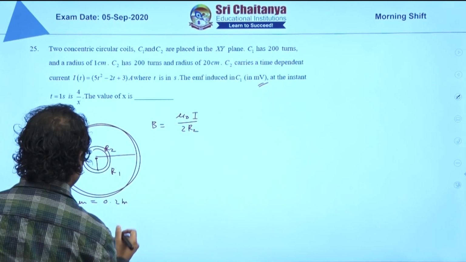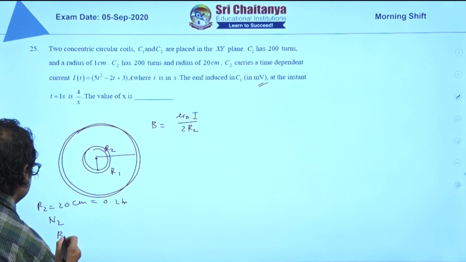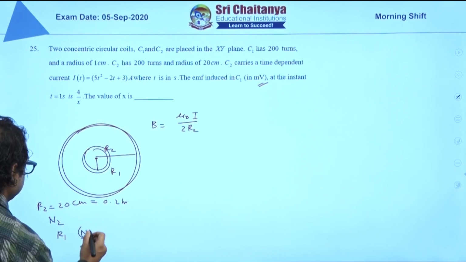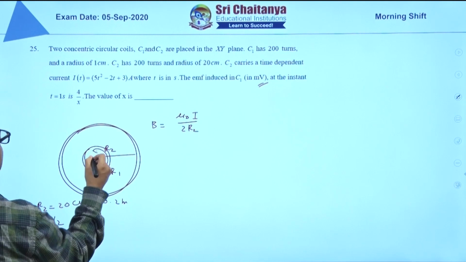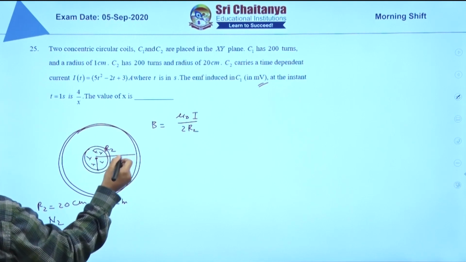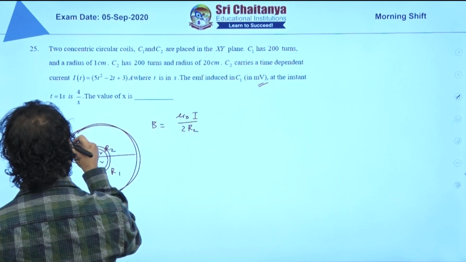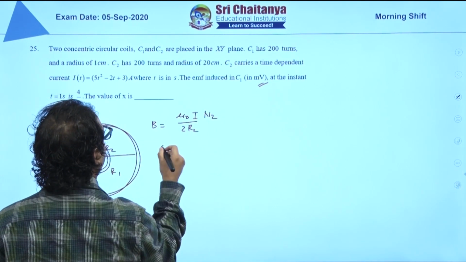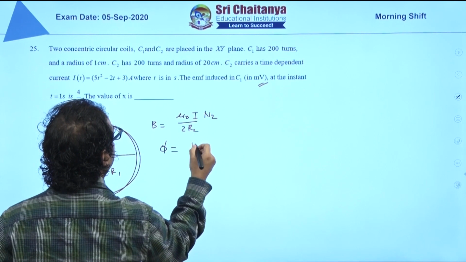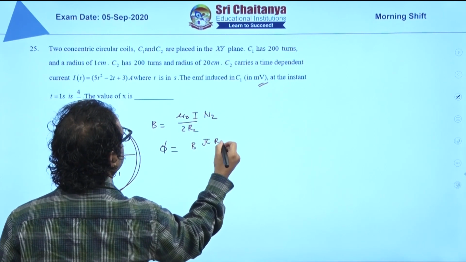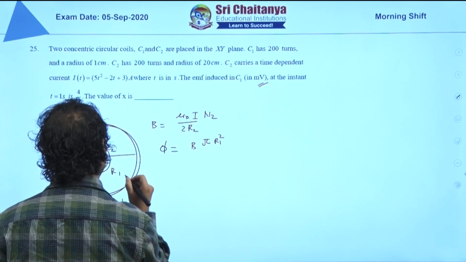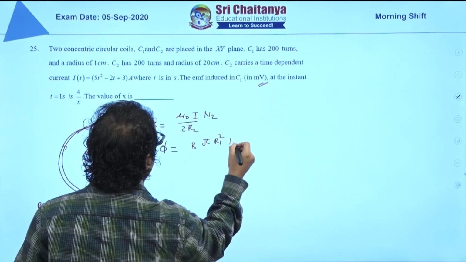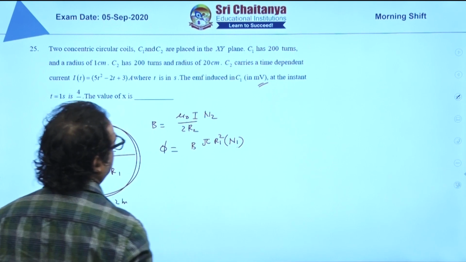R1 is given and number of turns here is N1, both are equal. So, magnetic field is mu naught I upon 2 R2 for each turn. There are N2 turns, so into N2. So, flux is nothing but B into pi R1 square into the number of turns N1.